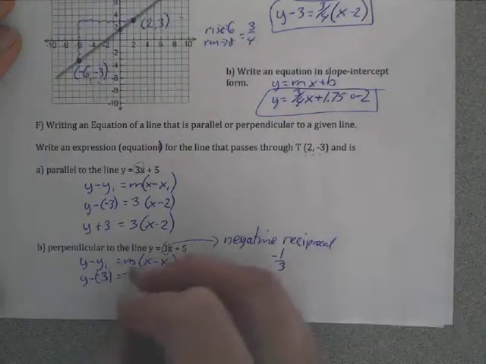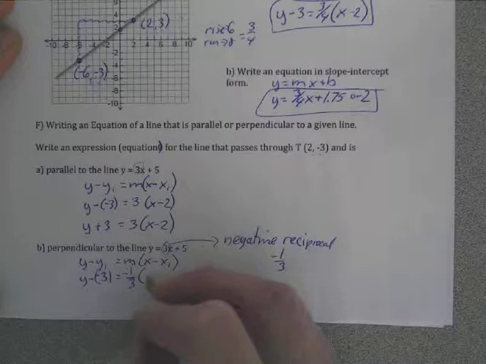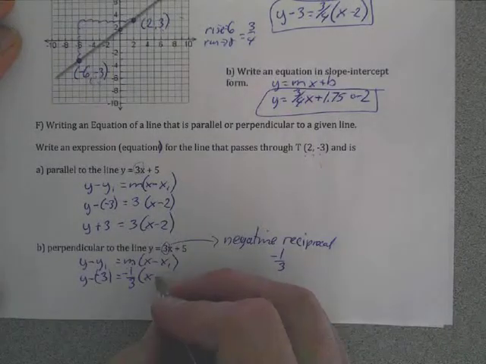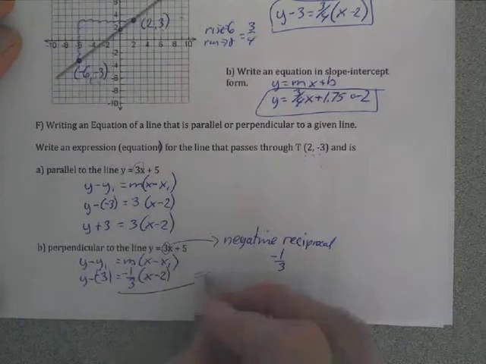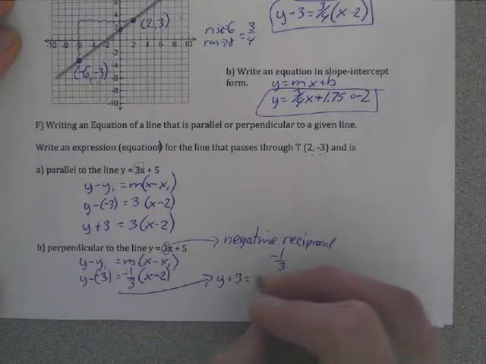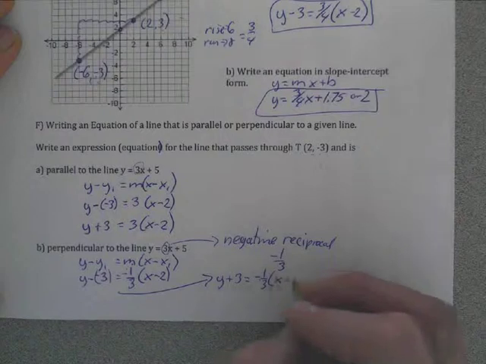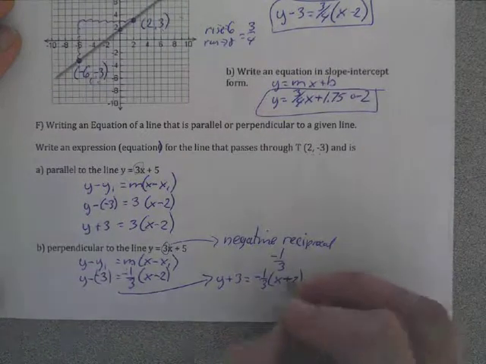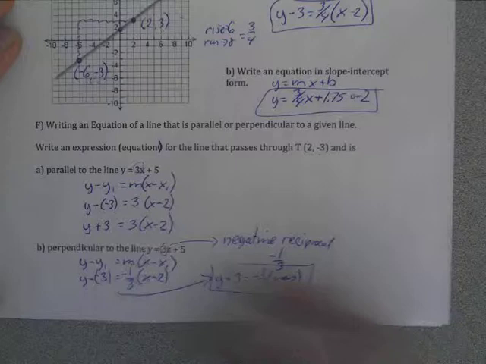So the slope is negative 1 over 3 and x minus 2. I'm going to rewrite this so we get y plus 3 is equal to negative 1 over 3 times x minus 2. That should be a minus sign. So there is my equation.